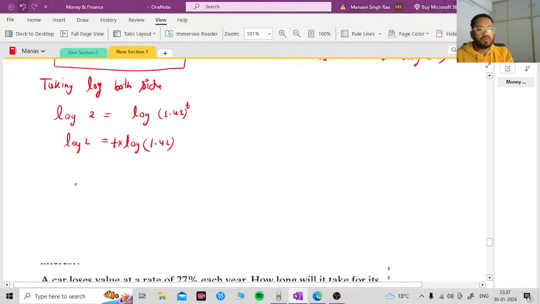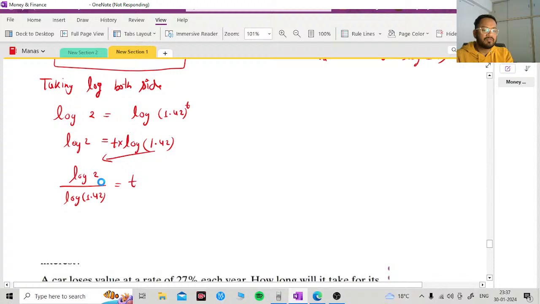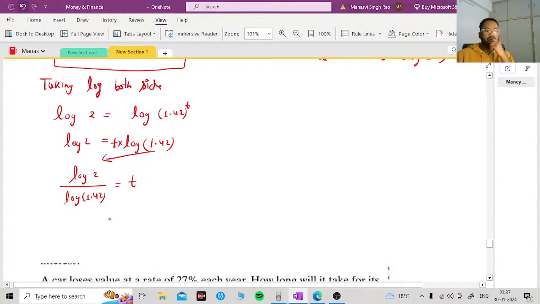So log 2, and now this is in multiplication, so I can send it in the division. So it is log 2 upon log 1.42 is equals to t. So by this way I will get the value of t. Now how would I get the value of t? I can solve it in the calculator.